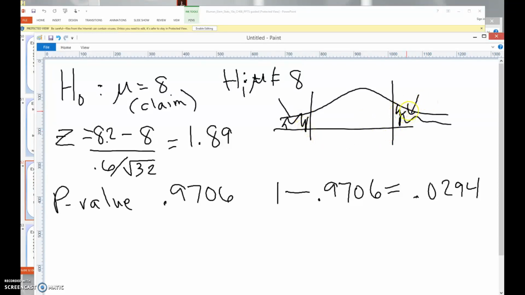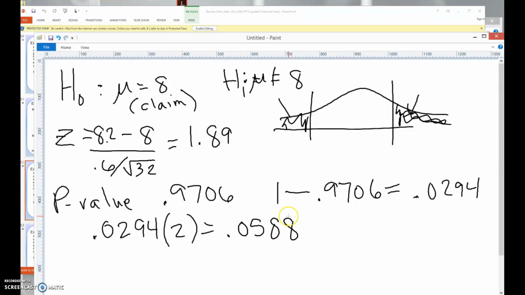It ends up being this part here, but because we're looking for two-tailed, we're going to multiply this by 2. Again, because it's two-tailed, you're going to get 0.0588.